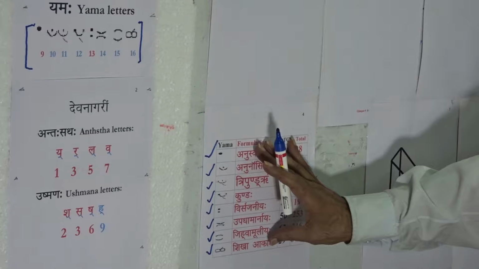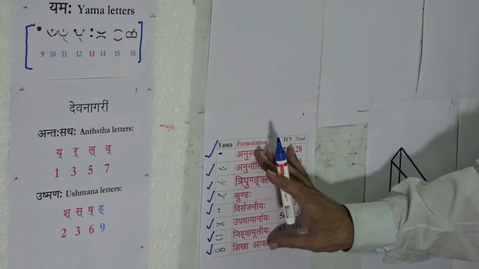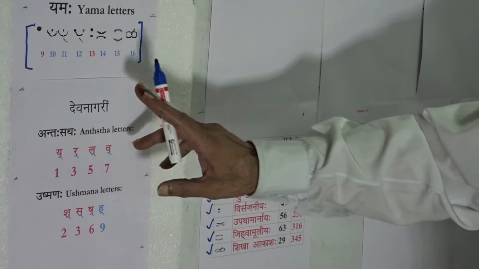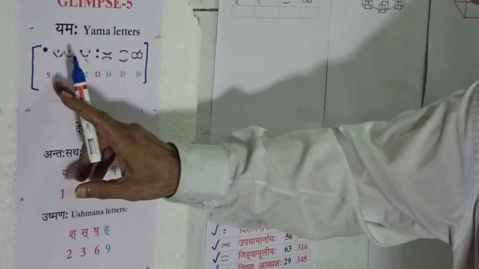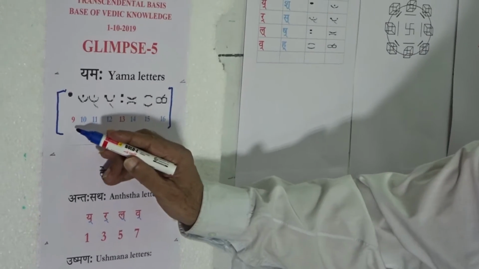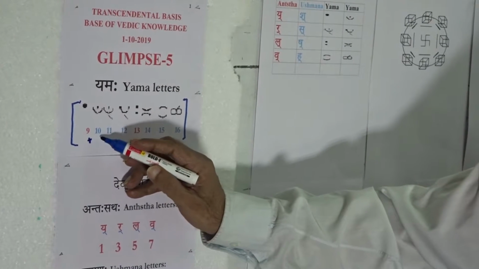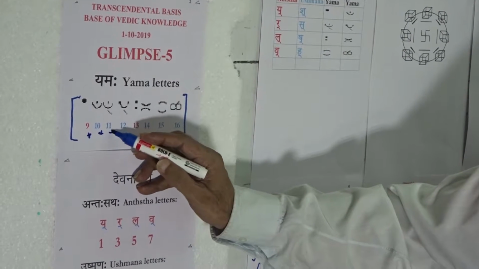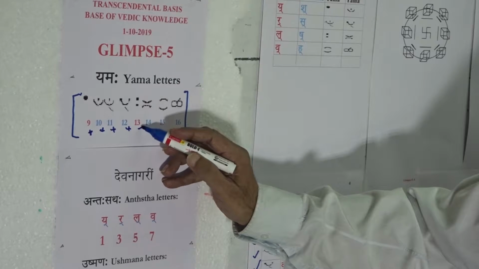These 8 Yama letters are having TCV values 9 to 16. This range of values 9 to 16 take us to summation value 100.